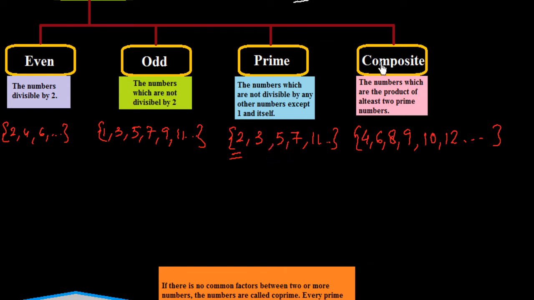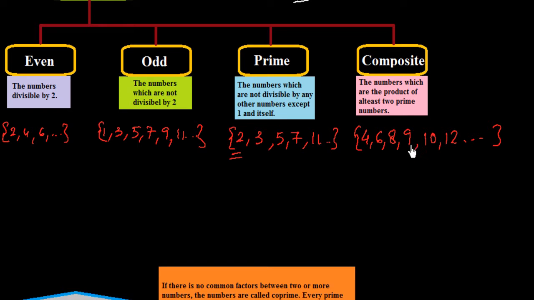But in the composite numbers, you see 4 and 6 are not co-prime because 2 is a common factor of both 4 and 6. 4 and 8 are also not co-prime because there are common factors. 6 and 8 have a common factor 2, and 6 and 9 have a common factor 3.